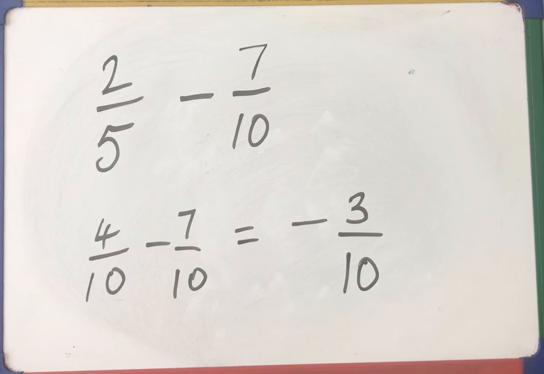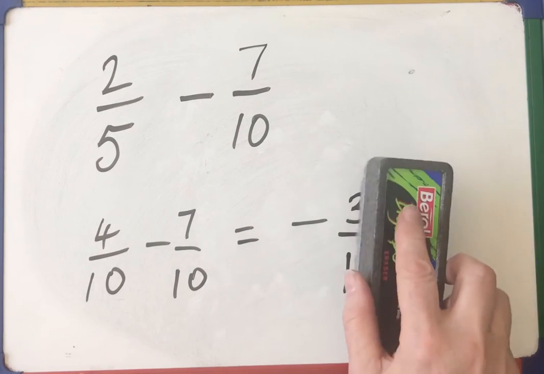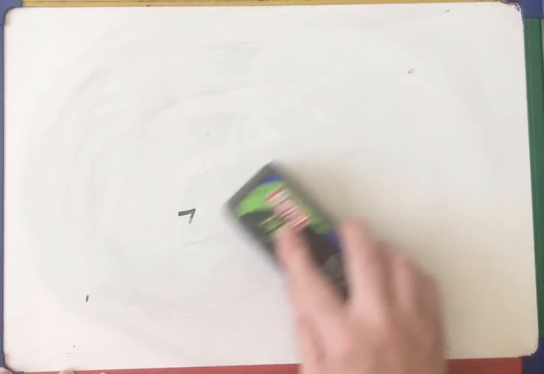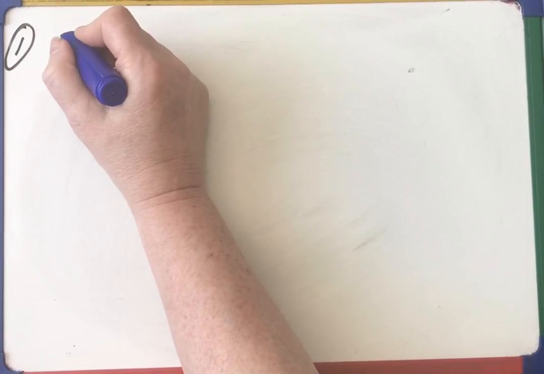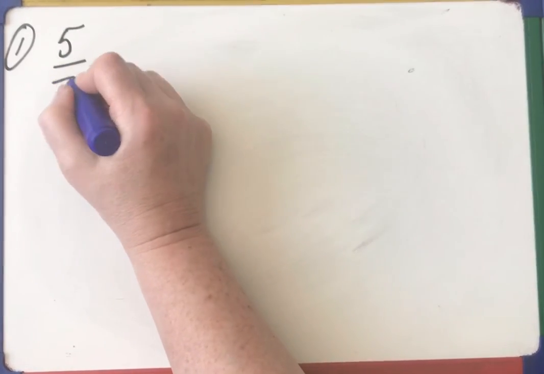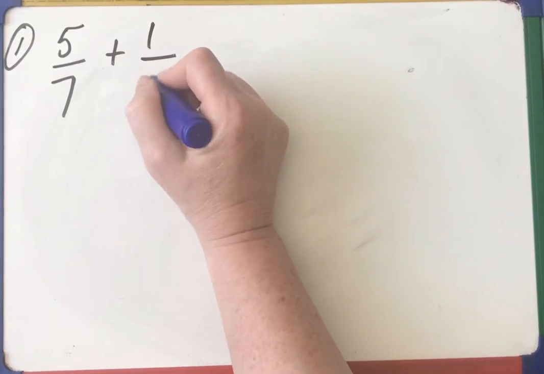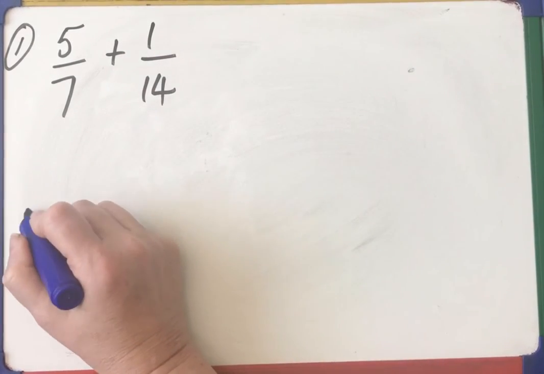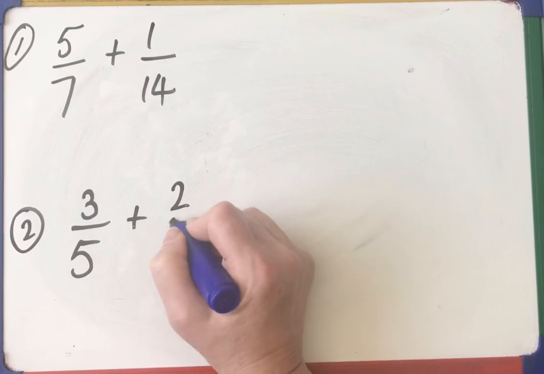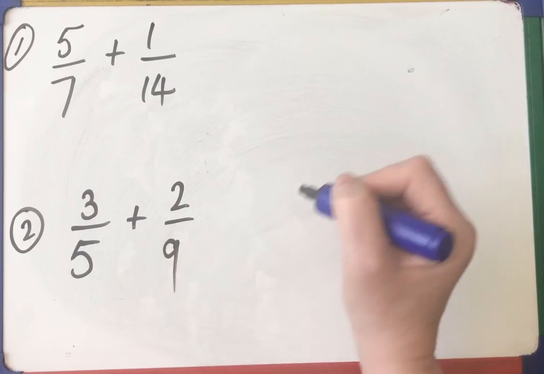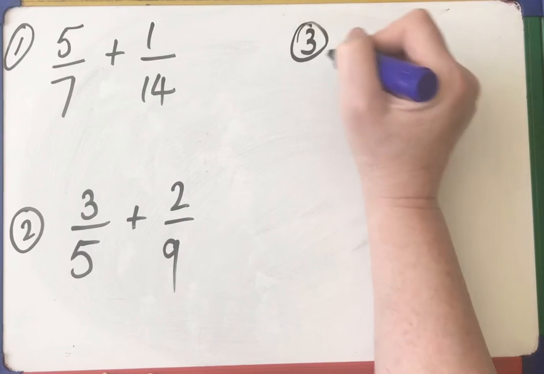Now I hope you've got your pen and paper handy, and I'm going to give you some to try. So add and subtract the fractions with different denominators. Here's the first one. Here's the second one. The third one is a subtract.